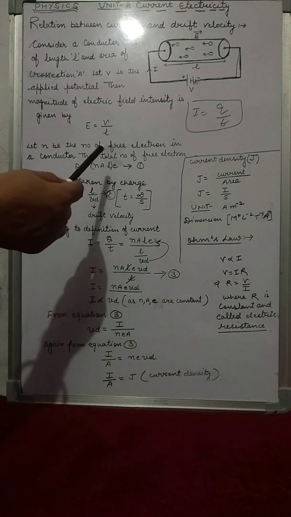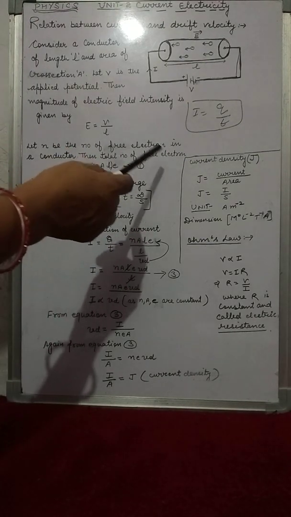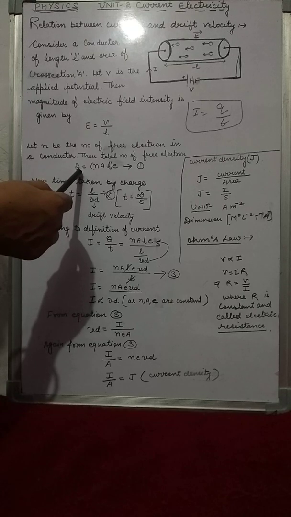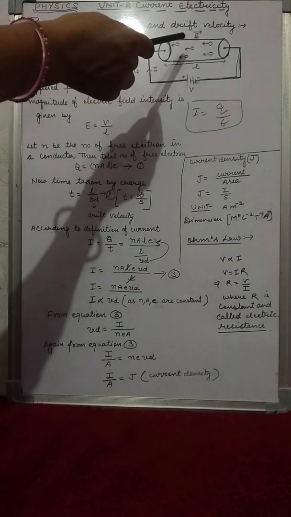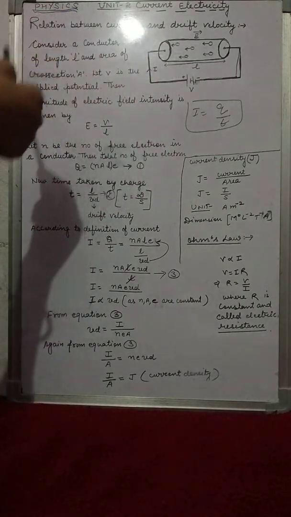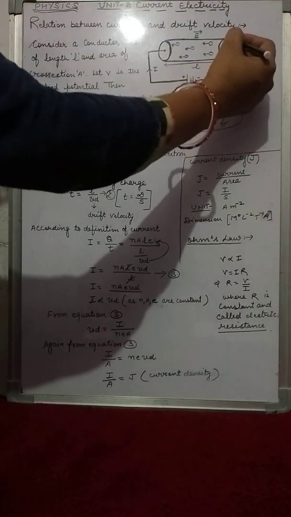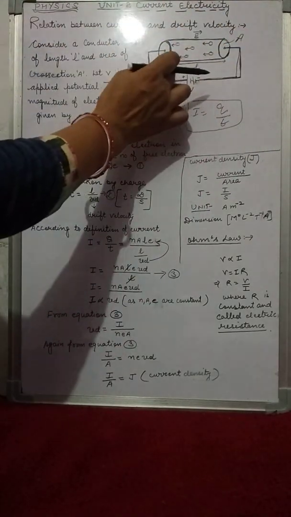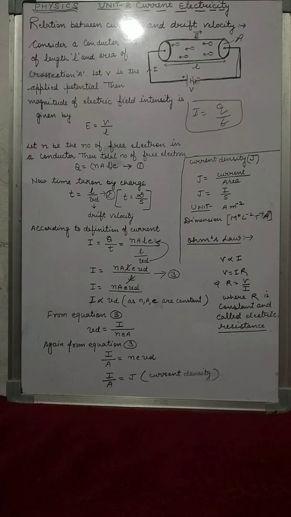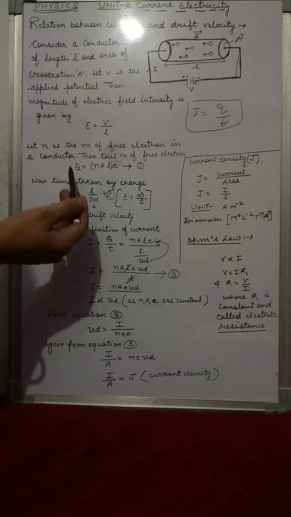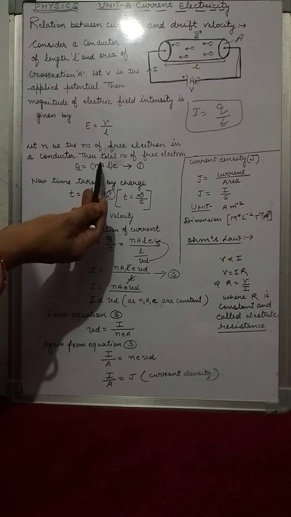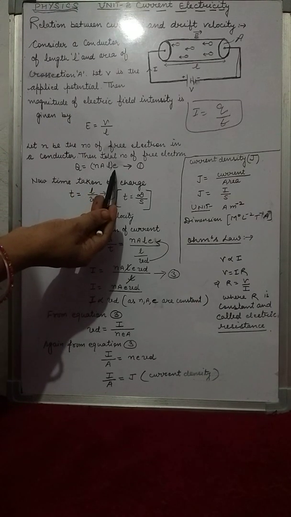If A is the area of cross section and L is the length of the conductor, then the total number of free electrons is nAL. So total charge is given by Q is equal to nAL into e.